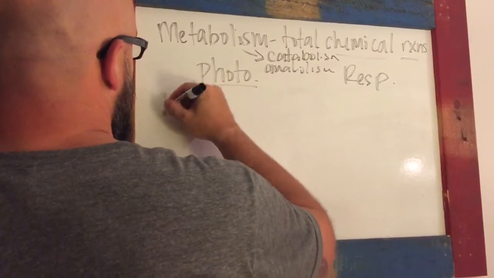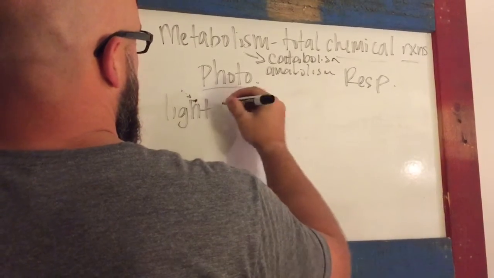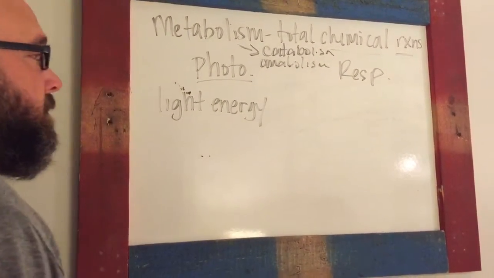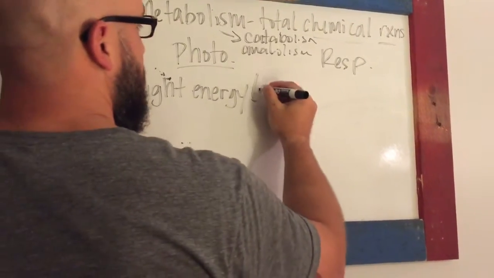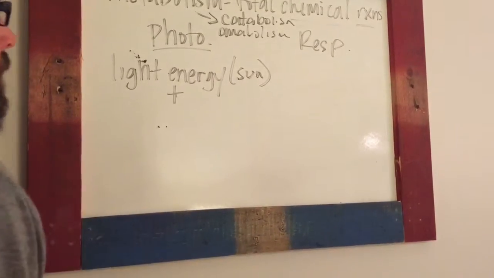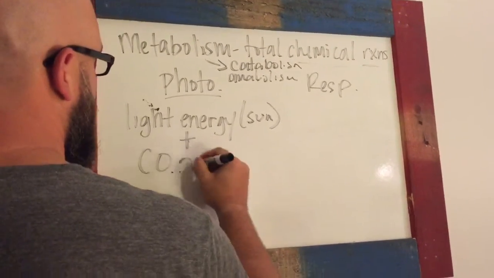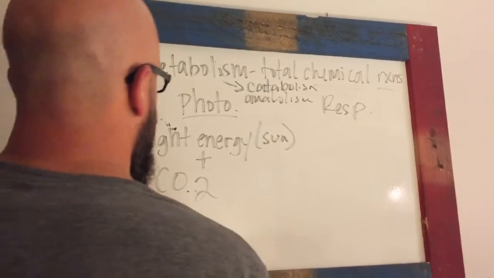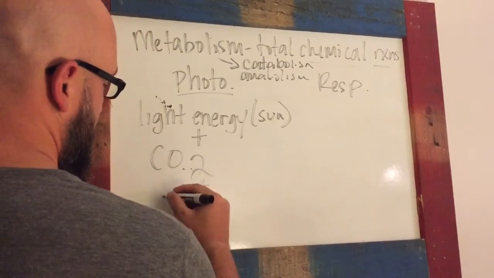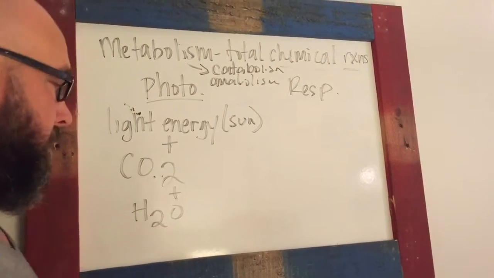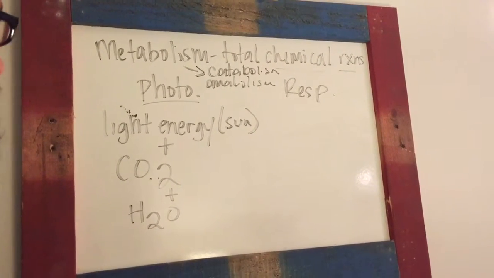So photosynthesis is light energy coming from the sun, plus carbon dioxide, which the plant takes from the atmosphere, plus water, which the plant gets either from the ground or from the atmosphere.